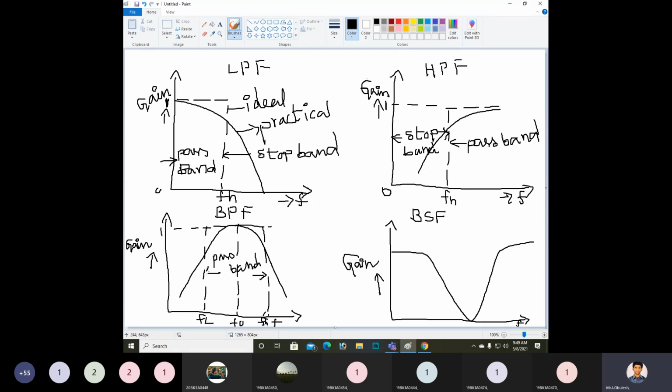This is the pass band. So this is the stop band and this is the stop band. Between that only it allows the signal. Stop band means that it does not allow the signals in this frequency range.